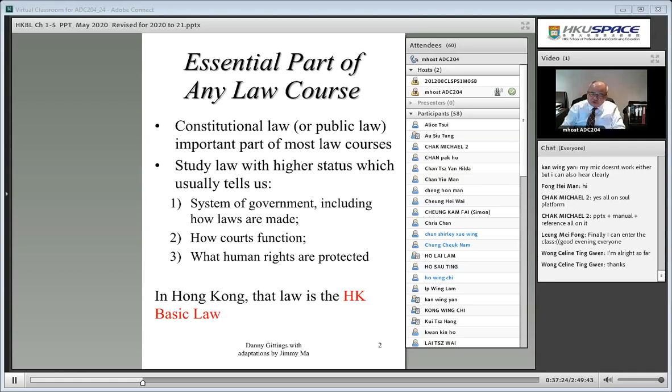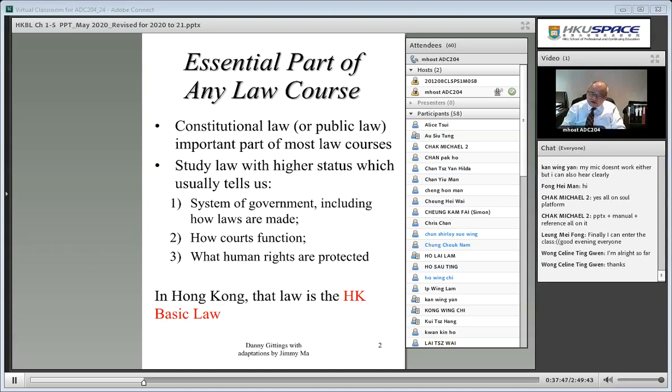And this law is important because it also tells you how the courts function, and of course how human rights are protected. That's why you will see there's a special chapter, Chapter 3, which is entitled Fundamental Rights and Duties of the Residents.